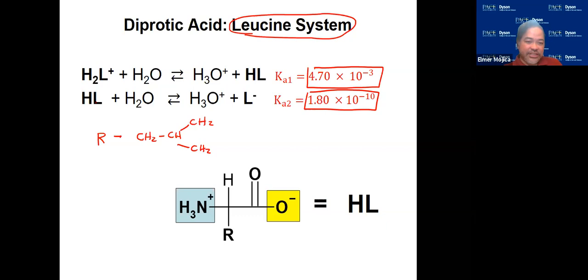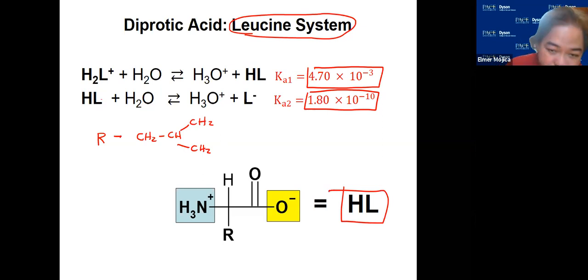Continuing, you react that HL with water, and you form hydronium ion and L minus. So the zwitterionic form of your leucine would just be the HL.